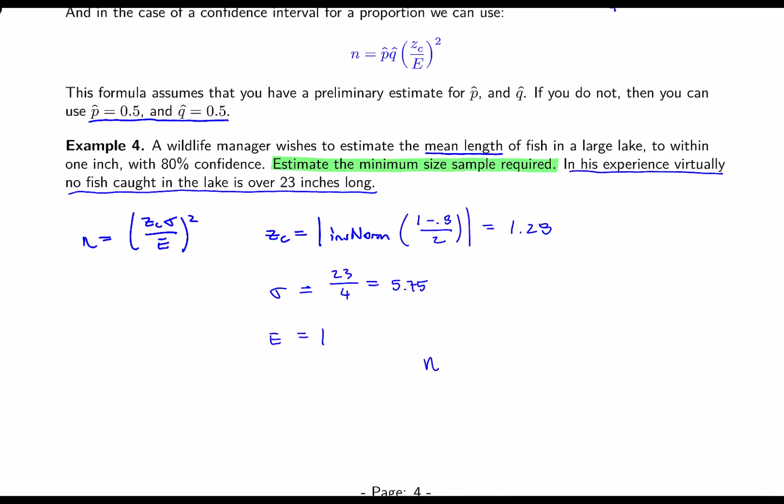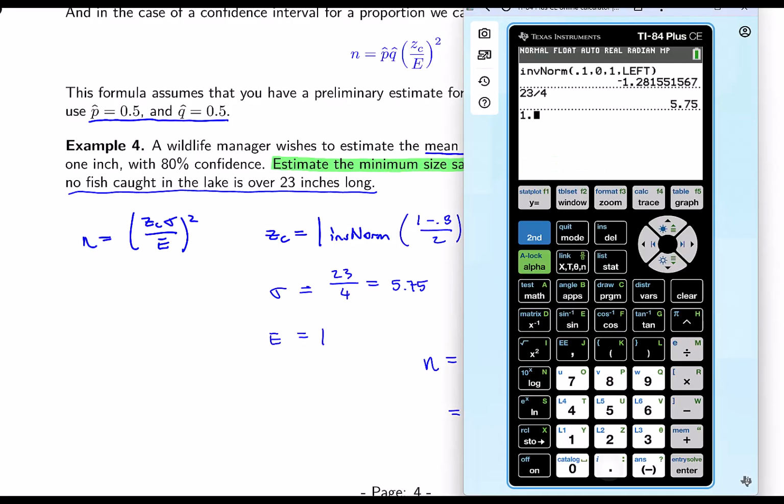So the minimum sample size then is going to be 1.28 times 5.75 divided by 1, squared. Let's see what we get. So 1.28 times 5.75 divided by 1, and then squared. 54.16, and this is another time where you do have to override the standard rounding rules, because if you go down to 54, you don't quite get the results that you're looking for, so you always round up.